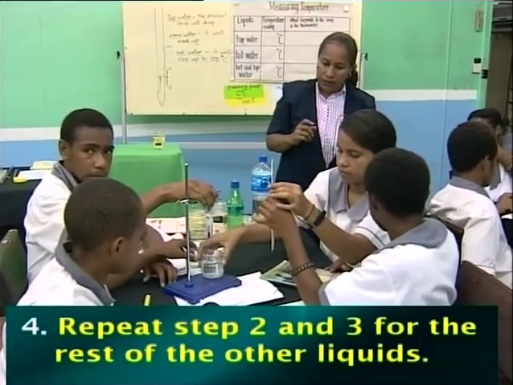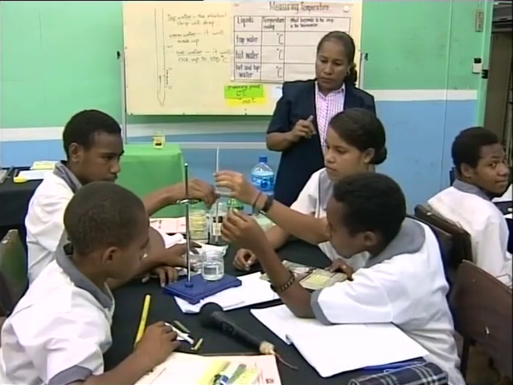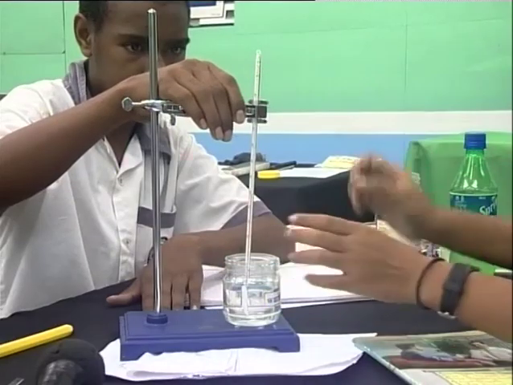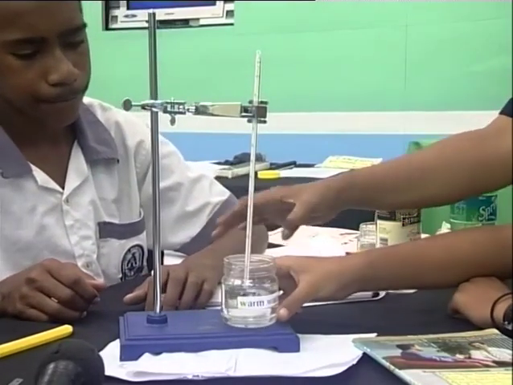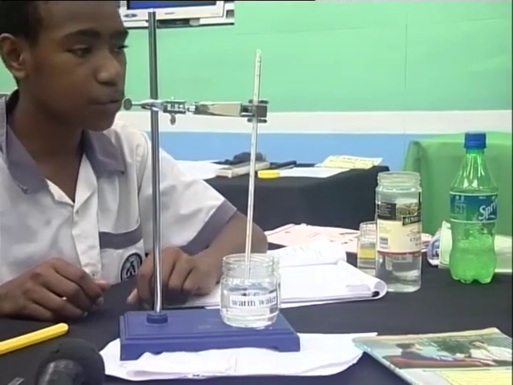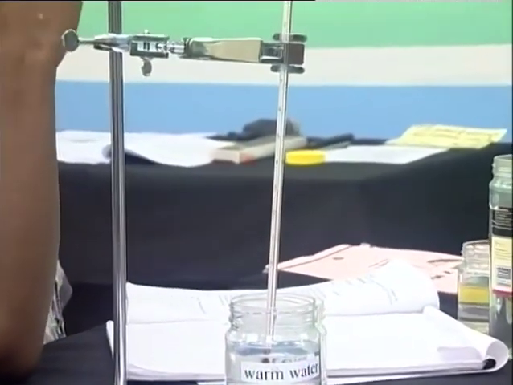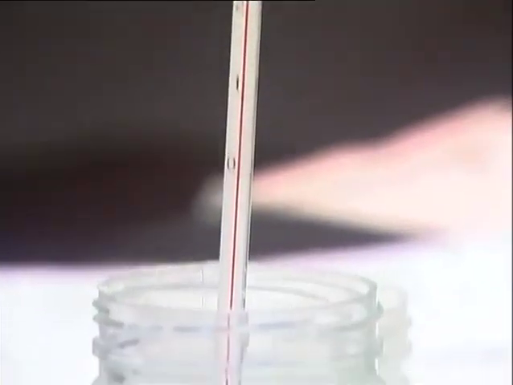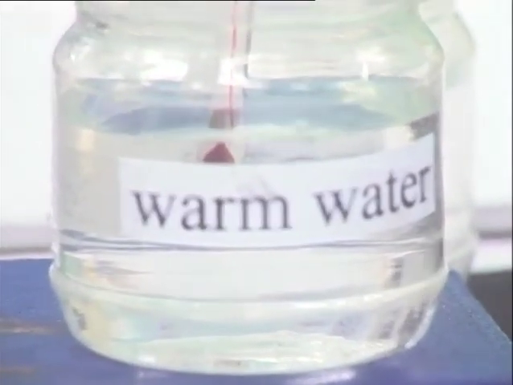So warm water. Okay, that's warm water. You time it. Where are we now? On hot water. You just wait patiently. They just go. And you fill in the rest of the columns.